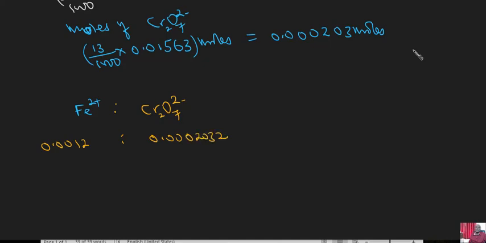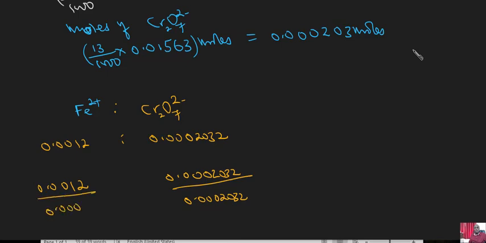To get the ratio, we want to know 1 mole of dichromate 6 reacts with how many moles of iron 2. So we divide both sides by 0.0002032, and here 0.0012 divided by 0.0002032. Why? We want to see 1 mole of dichromate 6.